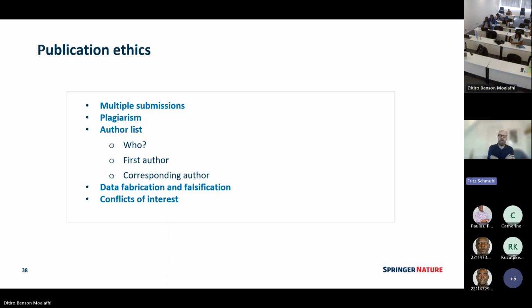First and foremost, there's one fixed rule across all of journal publishing for academic papers. Any journal that you submit an article to will have the same rule, which is that you cannot submit your article to multiple journals at the same time.